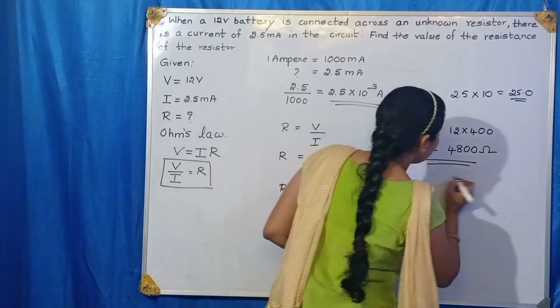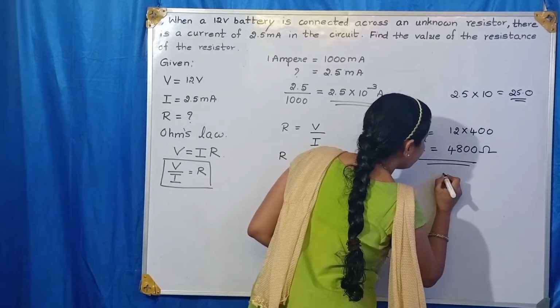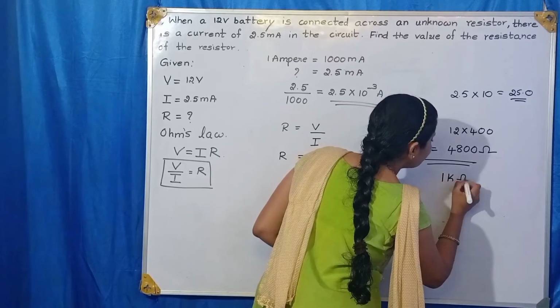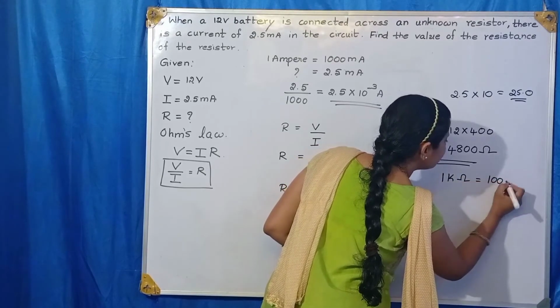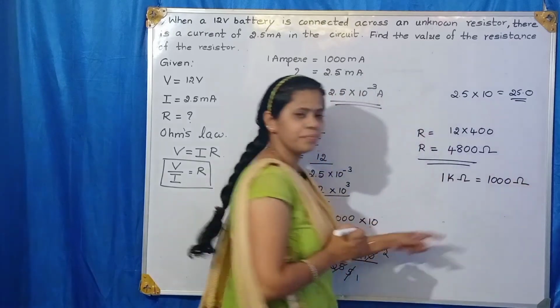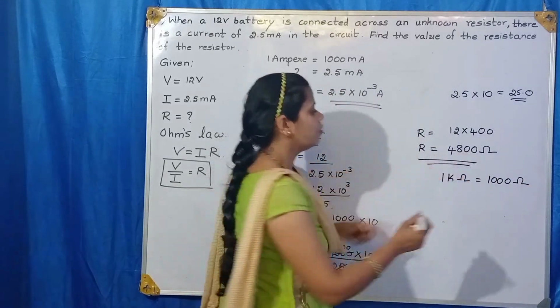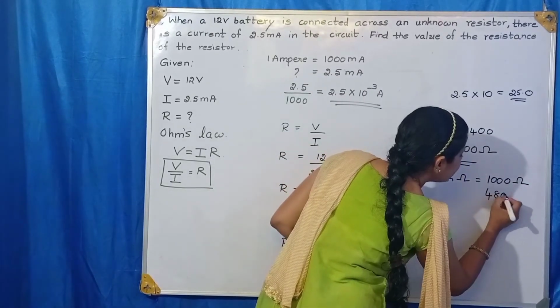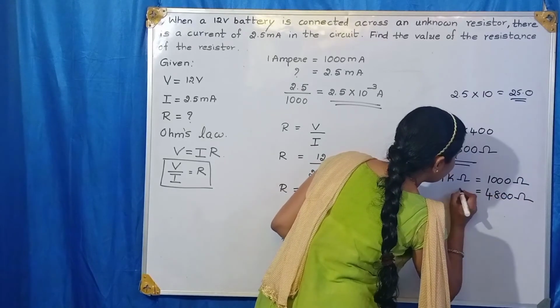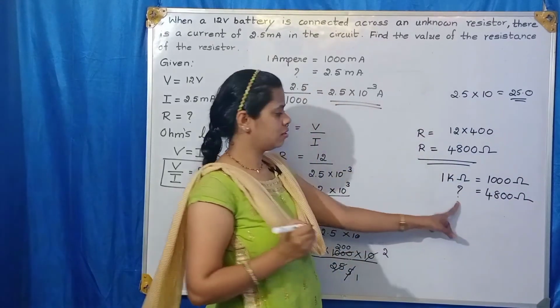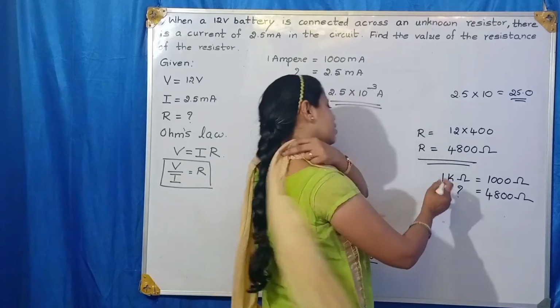We know that 1 kilo ohm is equal to 1000 ohm. And 4800 ohm will become what? 4.8 kilo ohm.